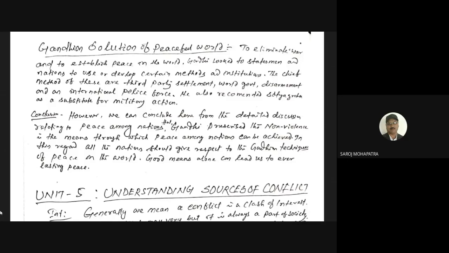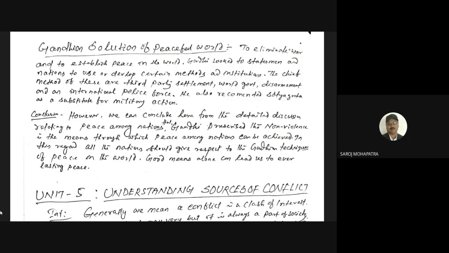Along with that, he has also recommended the struggle that satyagraha is the substitute for military action. So, from the above discussion relating to peace among nations, we conclude that Gandhi prescribed non-violence as the means through which peace among nations can be achieved.